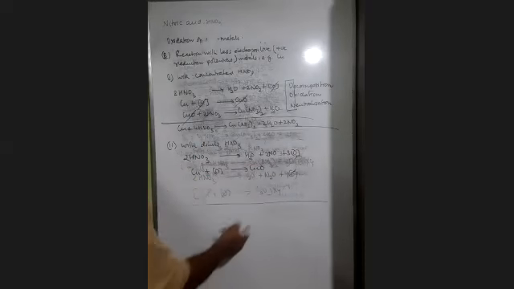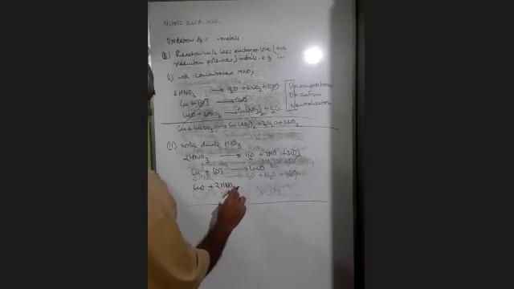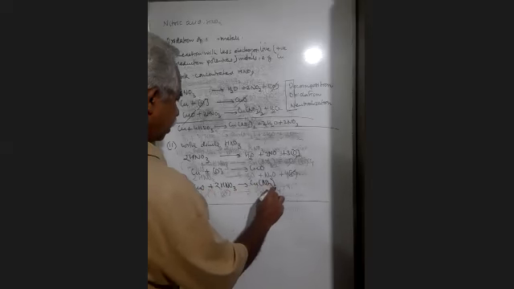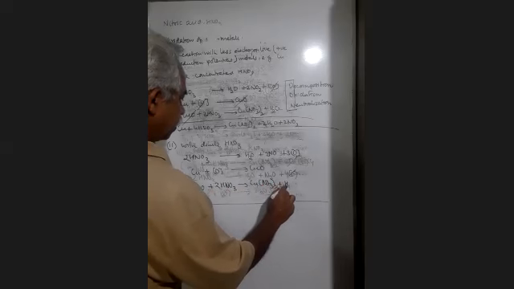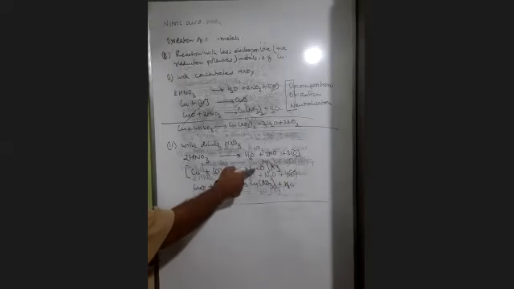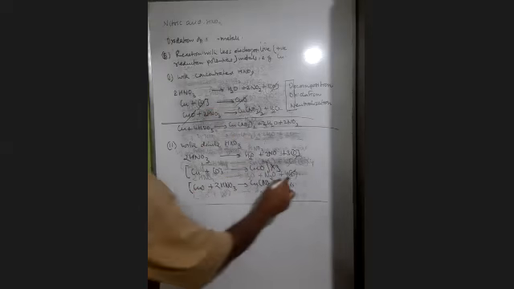This is decomposition and oxidation. And copper oxide is going to react with nitric acid to give you copper nitrate and water. Now see, how many oxygens do you have here? 3. So you have to multiply by 3. How many copper oxide? Here you have 1, here you have 3. So we'll multiply this equation by 3.